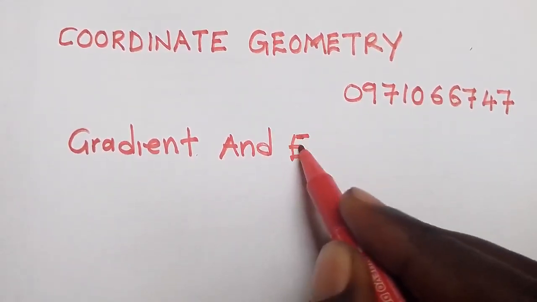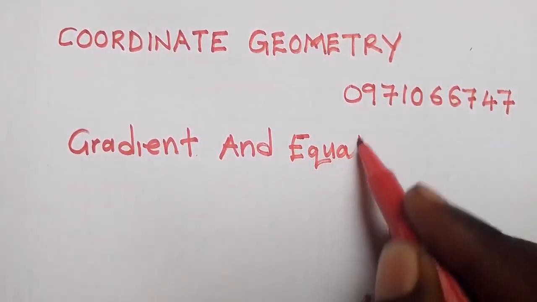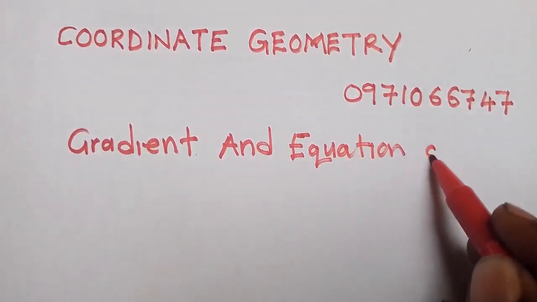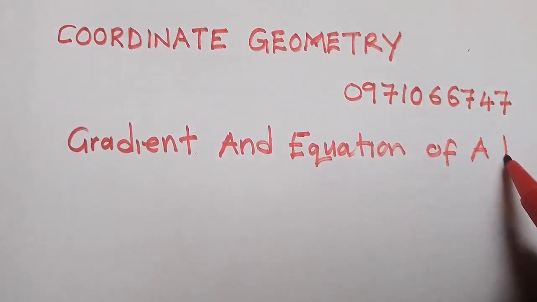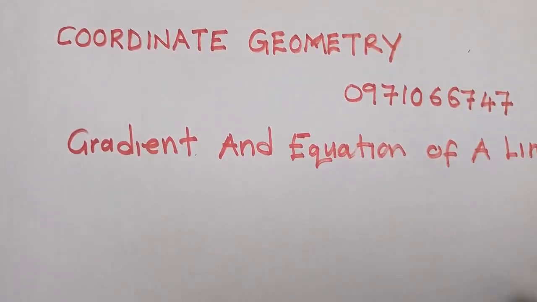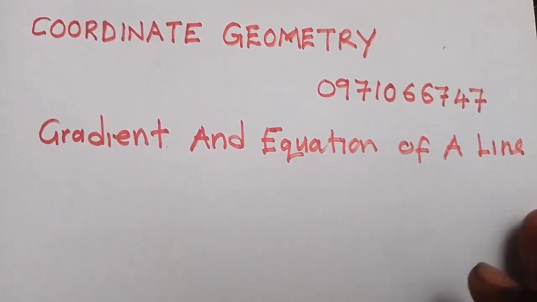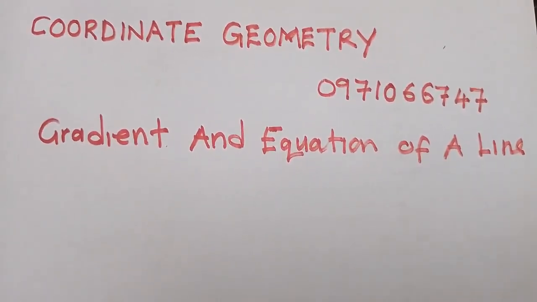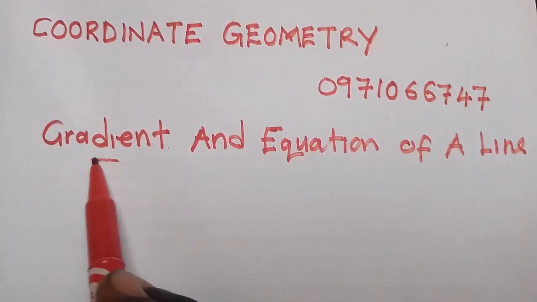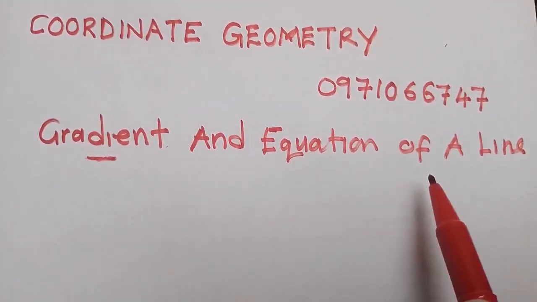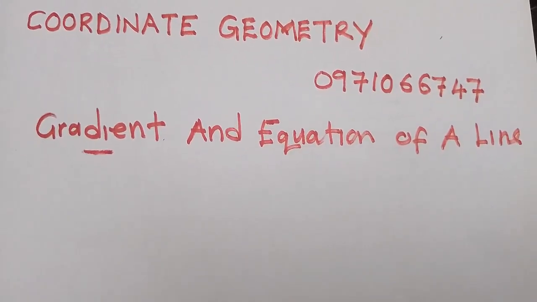It is called the equation of a straight line. We are going to learn how to find the gradient and equation of a line. This is the first thing that we are going to start with.